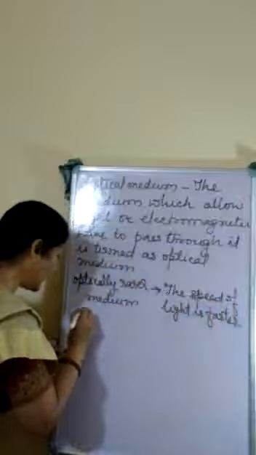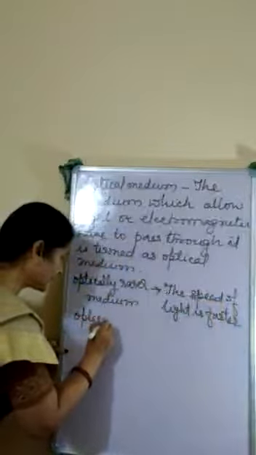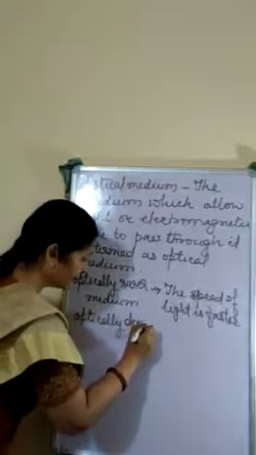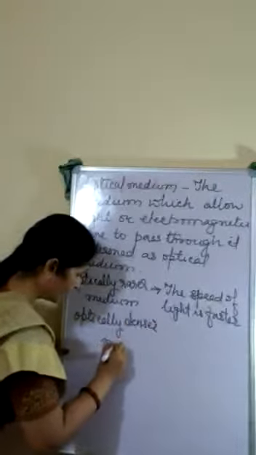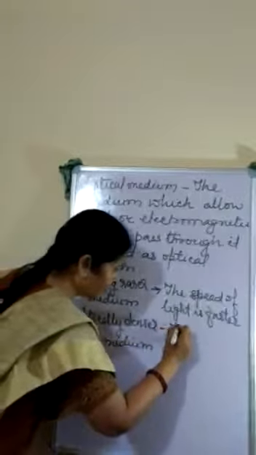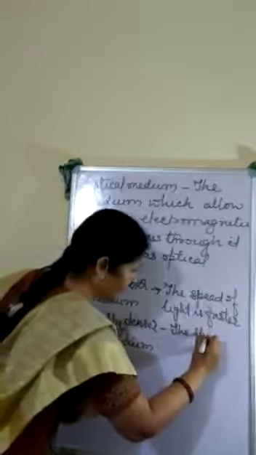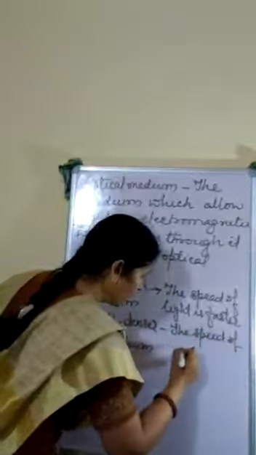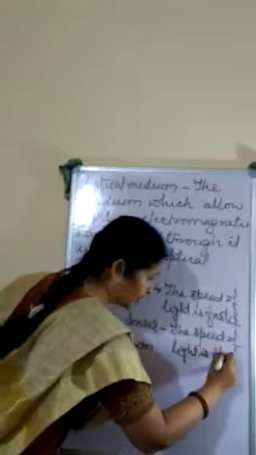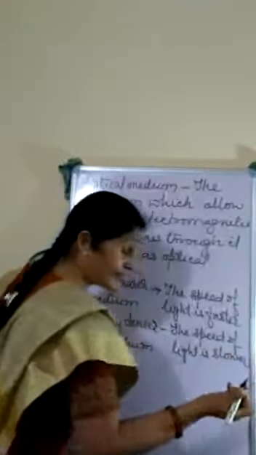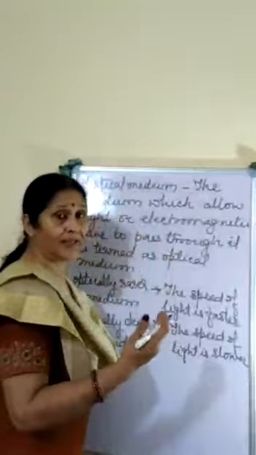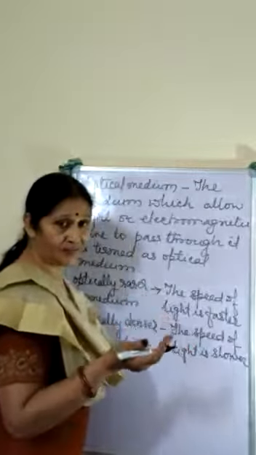And optically denser medium means the speed of light is slower. In denser medium, the speed of light will become slow, and in rarer medium, it will move faster.